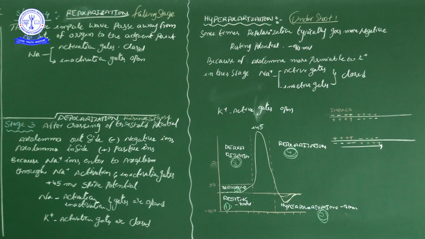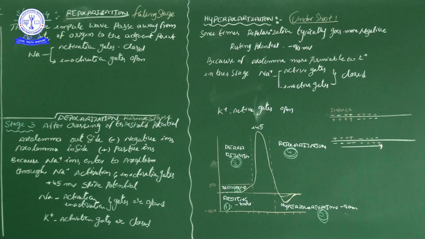At the beginning I gave one example: outside 30 sodium ions, inside 20 potassium ions. Suppose 10 of the 20 potassium ions come out. Still inside only 10 potassium ions remain, so there are more negative charges. Basically there is a 30, 20, 10 differentiation.